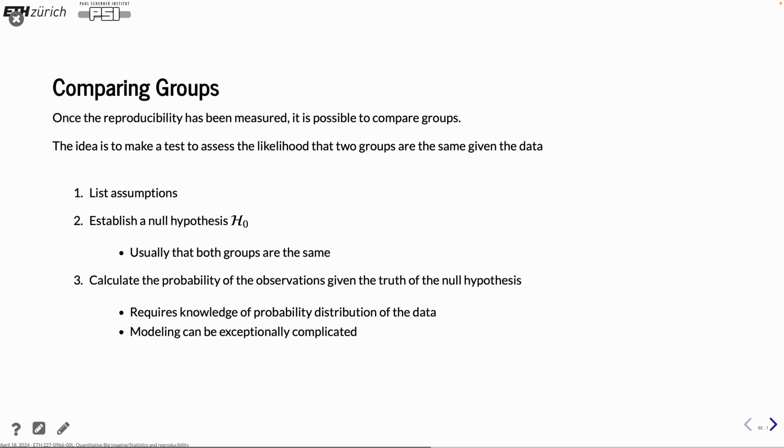Then we calculate the probability of the observation, given that the null hypothesis is true. This requires that you have knowledge about the probability distribution of the data, and the modeling can be really complicated when you build up larger models for the analysis.